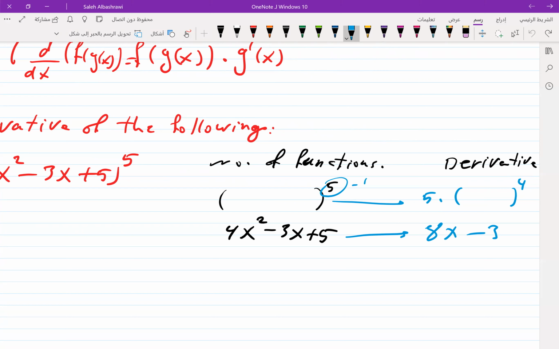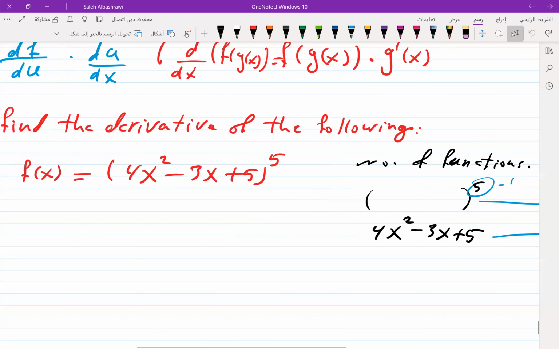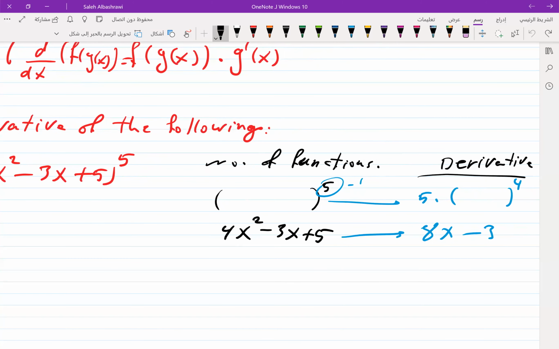By the chain rule, we have to multiply the two derivatives. So the derivative of this function, f prime, is equal to the product of these two.